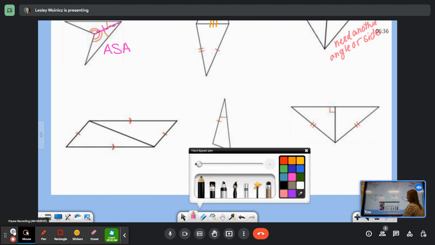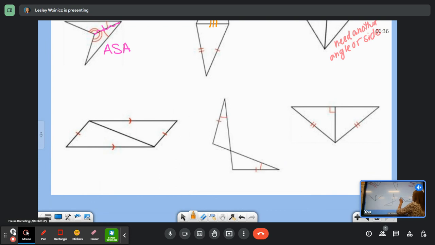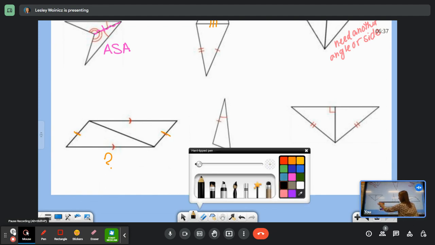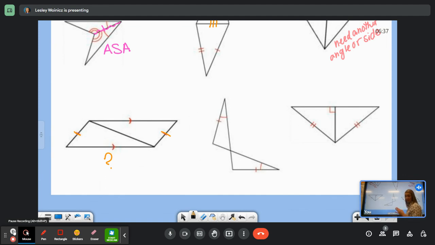We don't have any information about how long this side down here is. All that we know is that these two sides are congruent. So what could happen, because these figures might not be drawn to scale, right, is that this side here could actually be here and congruent to this other side.